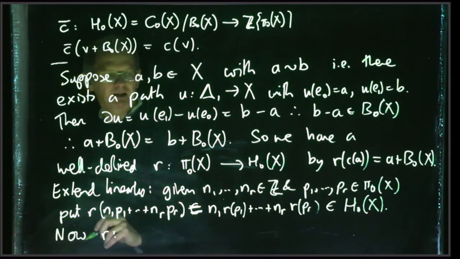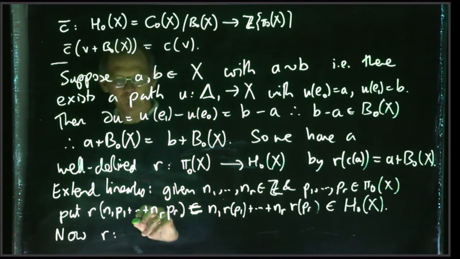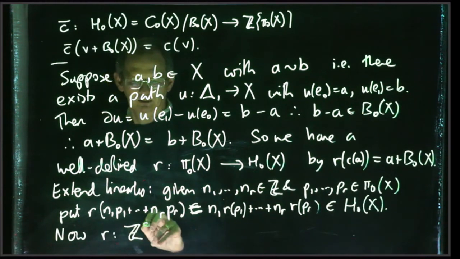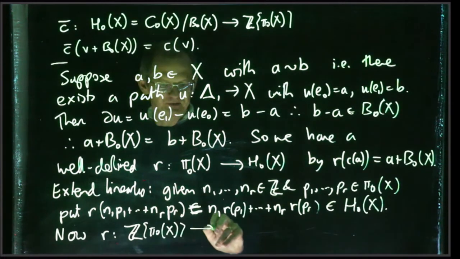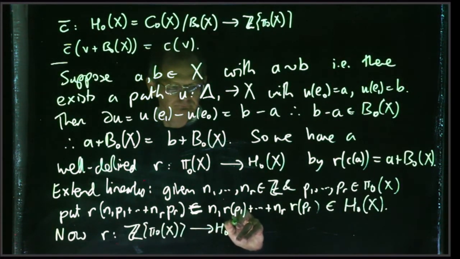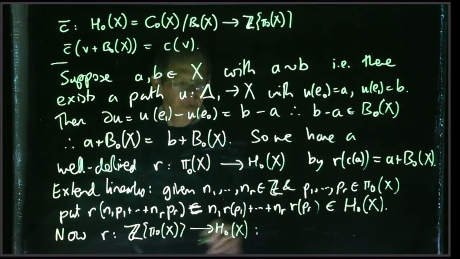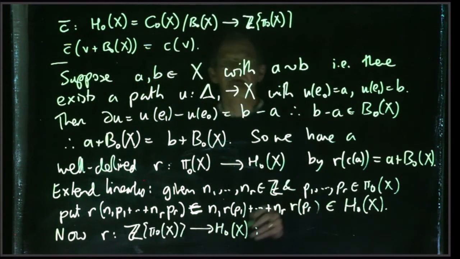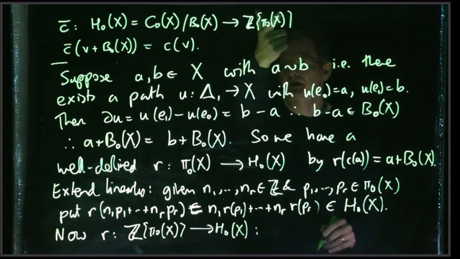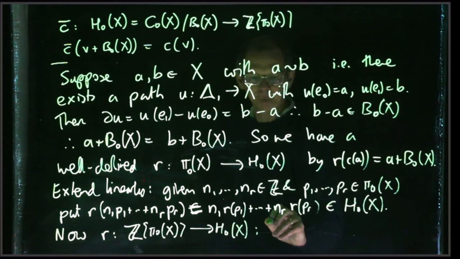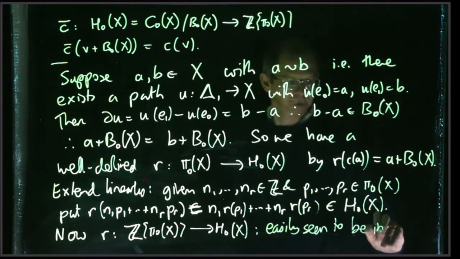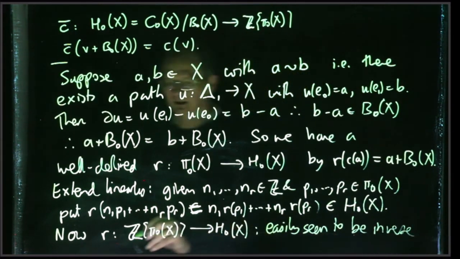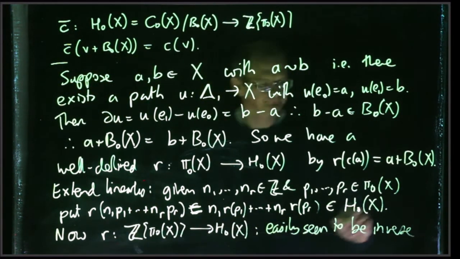So now we've got a homomorphism from Z pi 0 X to H0 X, and it's reasonably easy to see that this is inverse to the map that we had previously, inverse to C bar.